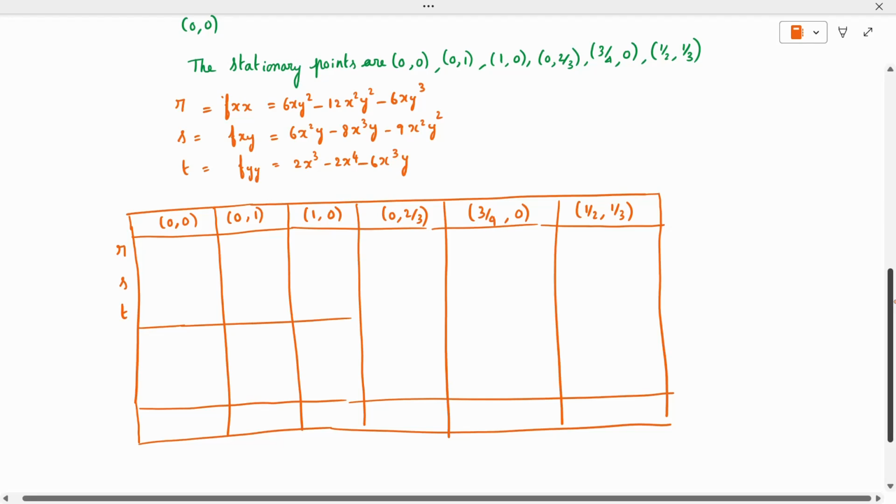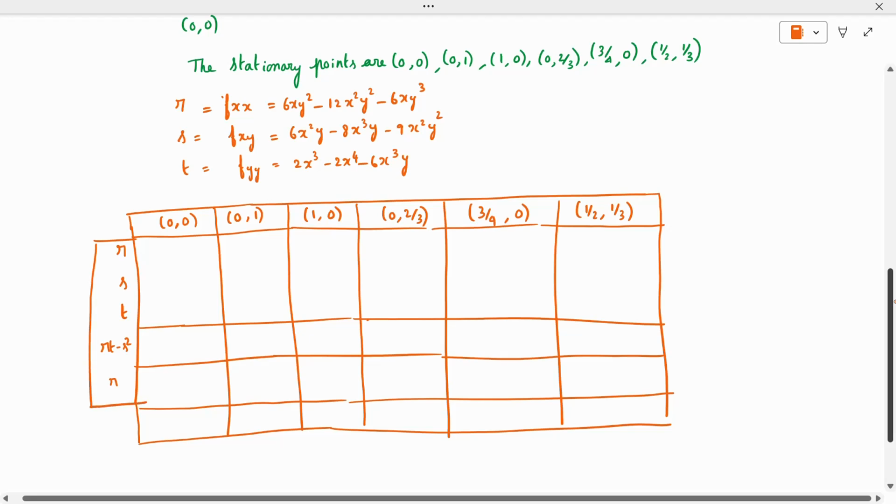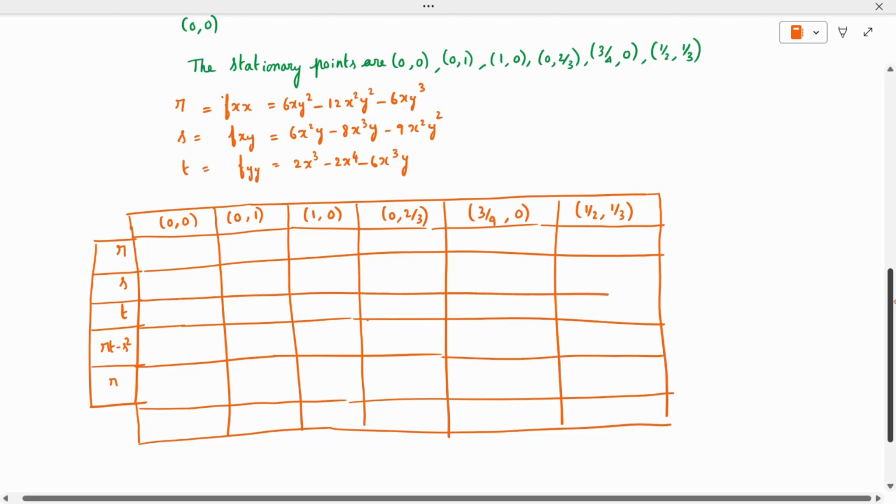Then I will multiply it so that I will not make any mistakes. RT minus S squared separate. R separate only when it is necessary. So like this I will do, so that I will not make any mistakes. Yes, this is the conclusion.